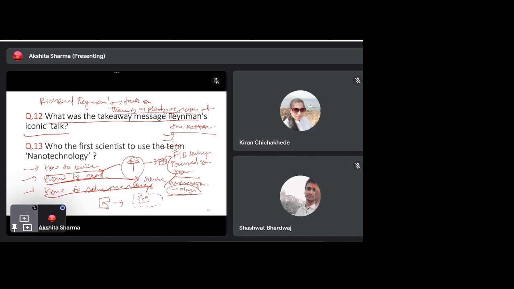And to read it, we have to deposit some material at an angle, so it fills not the cavity but the area around it. So the E part is very clearly visible now, and if we put a microscope, then we can read what has been written. So this was the takeaway message, how Feynman explained writing and reading at the nano range.